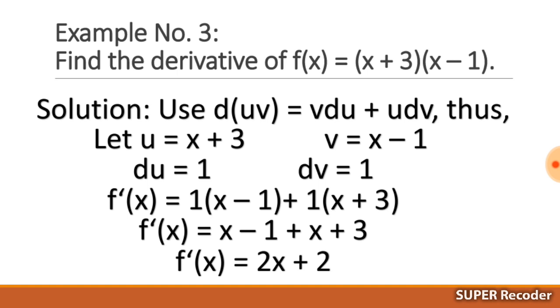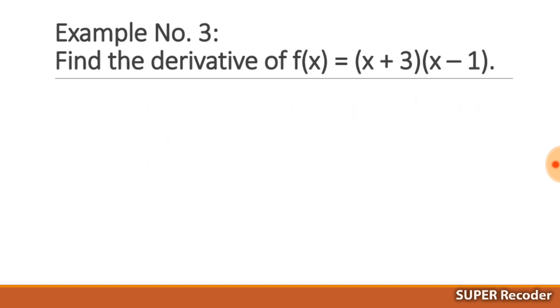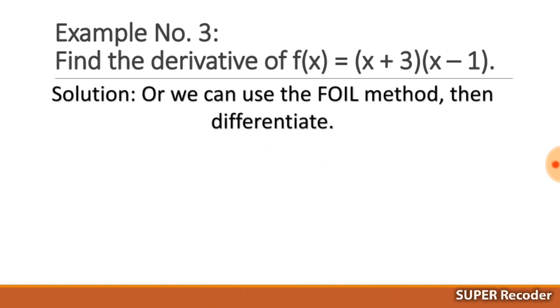If we're going to use another method, we can use the FOIL method in determining the derivative of the function. So we're going back to algebra. The FOIL, again, if we recall: F means first term, O means outer term, I means inner term, and L means last term.